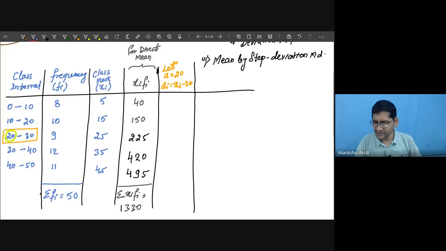So calculate this di. How to calculate this di? What to observe? This 20 is already fixed, student. This 20 you have to subtract from the xi column. So 5 minus 20, for the first class interval, is minus 15.